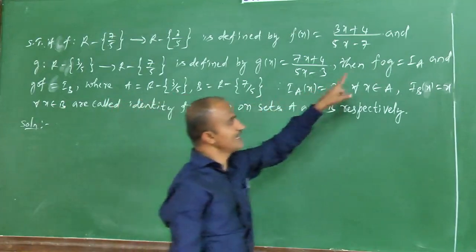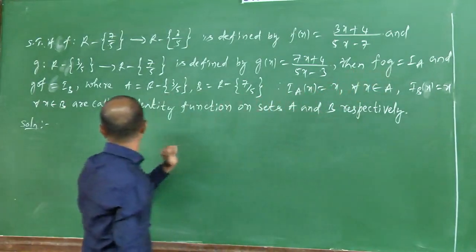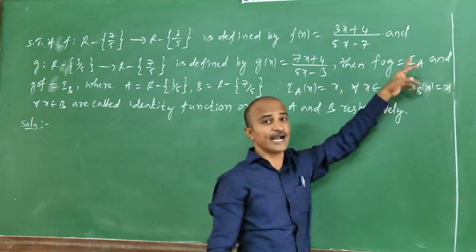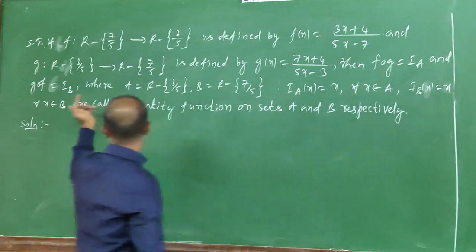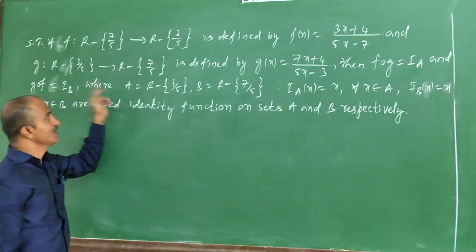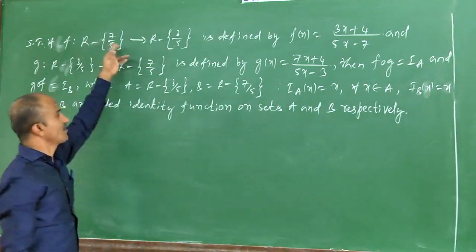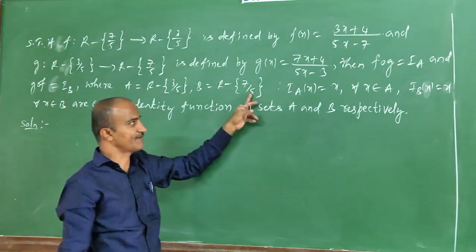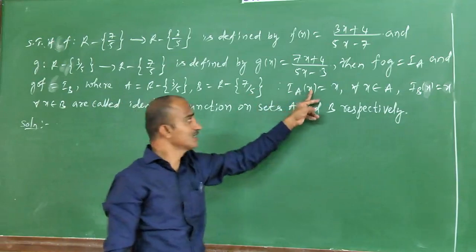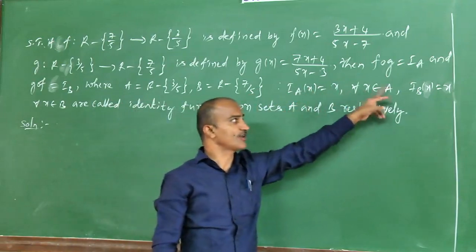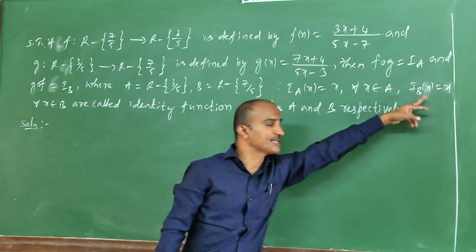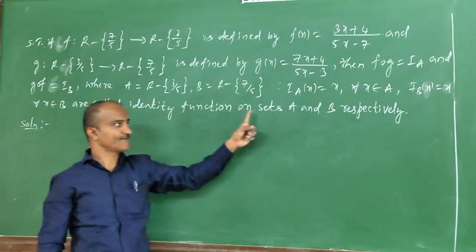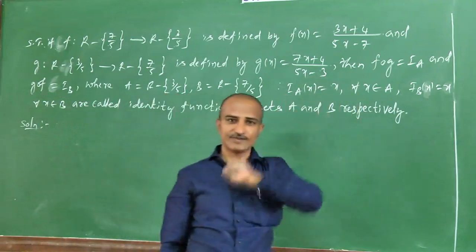Here we need to find fog and gof, and also show that fog gives I of A, the identity on A, and gof is the identity on B. A is R minus 3/5, and B is R minus 7/5. I_A of x is equal to x for all x belonging to A, and I_B of x is equal to x for all x belonging to B, are called identity functions on sets A and B respectively.